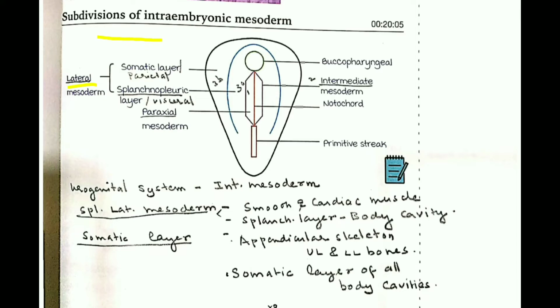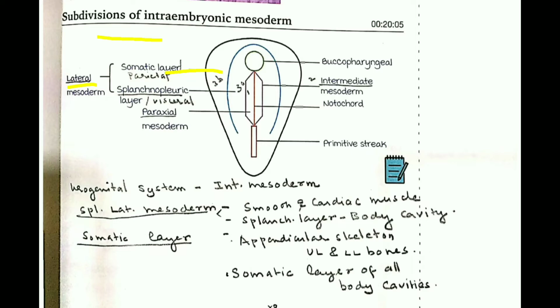In lateral mesoderm also there is a cavity formation, which is the blue color, and because of the cavity formation, it divides this lateral mesoderm into 3A and 3B. 3A corresponds to the splanchnopleuric layer of lateral mesoderm or the visceral layer, and 3B, this one, is the somatic layer or parietal layer of lateral mesoderm. So these are the subdivisions of intraembryonic mesoderm.